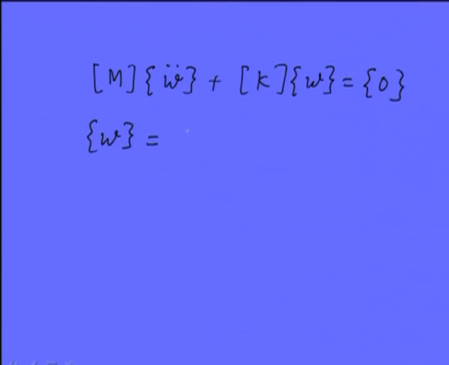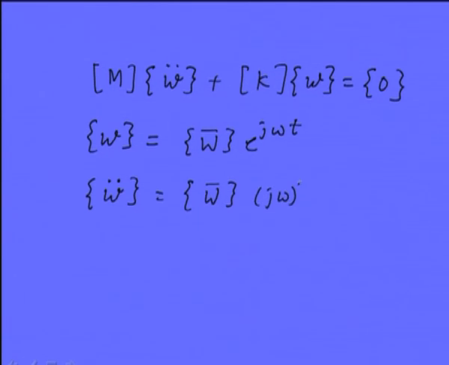For that, we assume the displacement vector as some amplitude times e to the j omega t, and let us say omega is the natural frequency of the system. If we differentiate this twice, we will get minus omega square e to the j omega t, because the amplitude is independent of time.